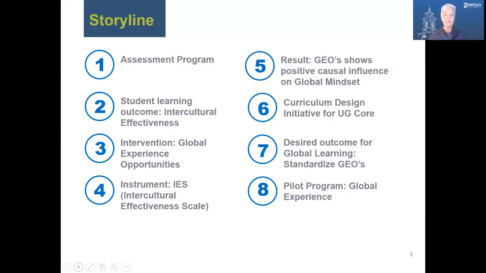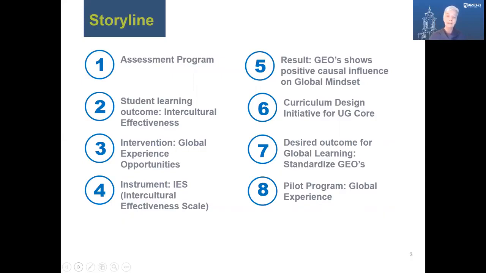As a result of that program and the many years of data collection, one of the things that we found was that global experience opportunities show a positive causal influence on global mindset, but not necessarily on the other factors that were included in the instrument of choice, which was the Intercultural Effectiveness Scale, the IES.